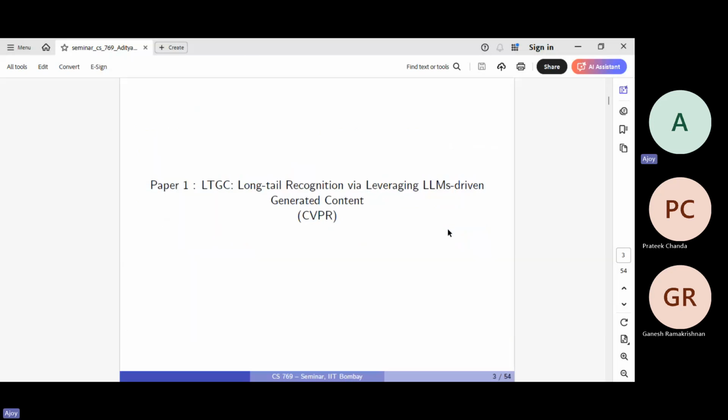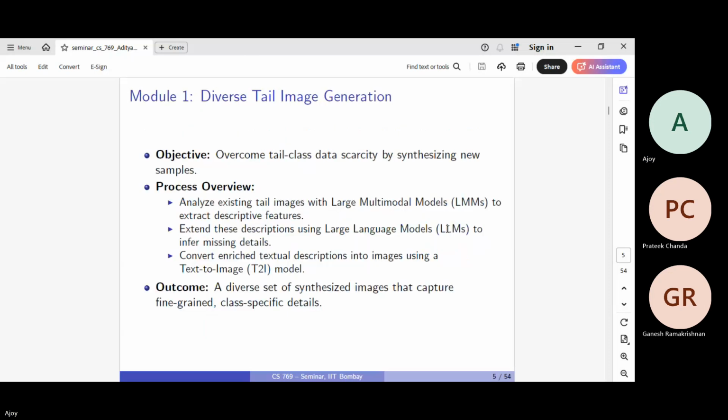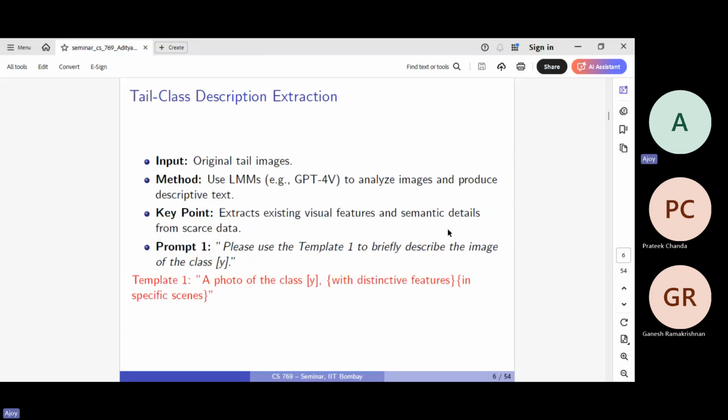Starting with the first one, LTGC. The basic idea is to use LMMs and LLMs to generate diverse content for the tail classes. Starting with the first module, which is the generation part, we use the tail images and feed them to the LMMs to extract the text, visual features and semantic details.